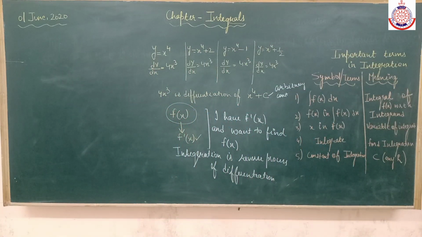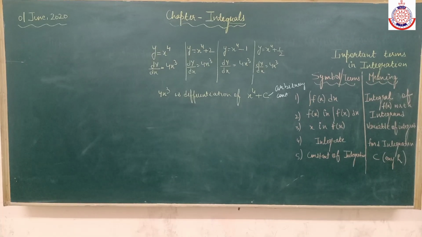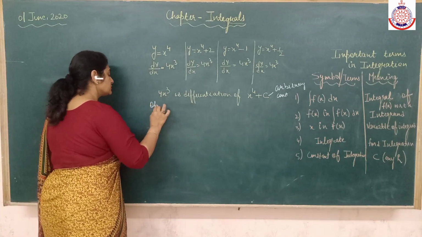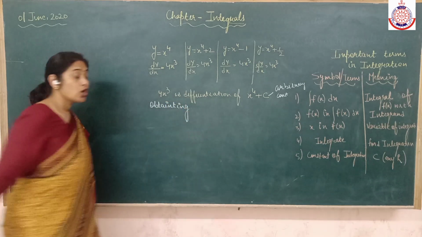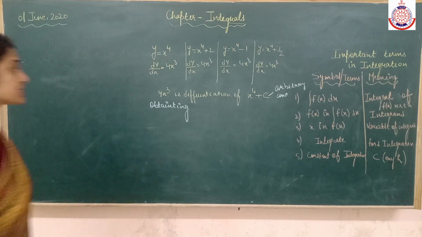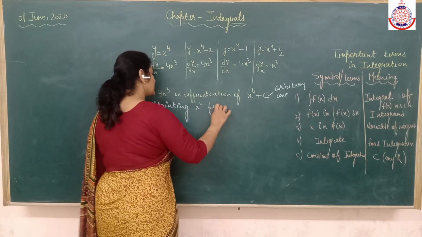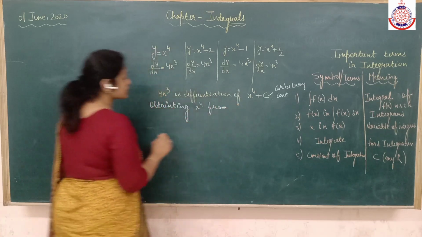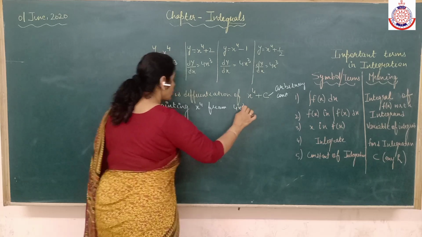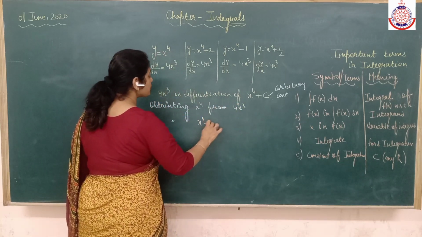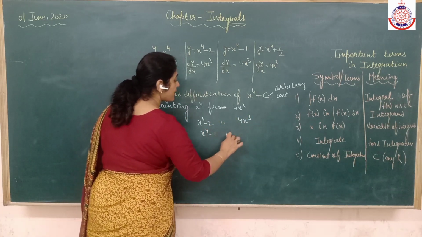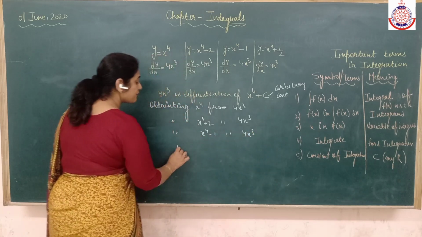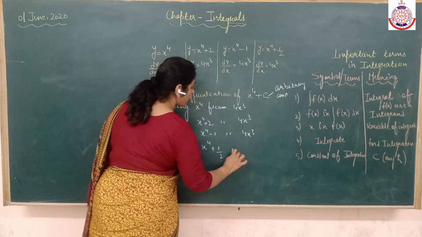So now how to do it? It means obtaining x raised to power 4 from 4x cube, or obtaining x raised to power 4 plus 2 from 4x cube, or x raised to power 4 minus 1, or x raised to power 4 plus 1 by 2, from 4x cube.